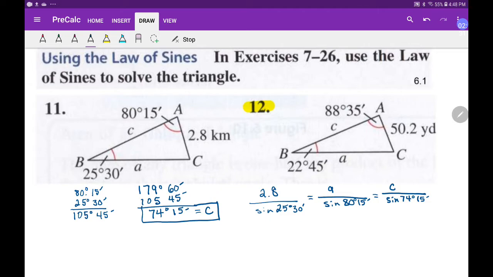Okay, so now I can grab my calculator and get started.